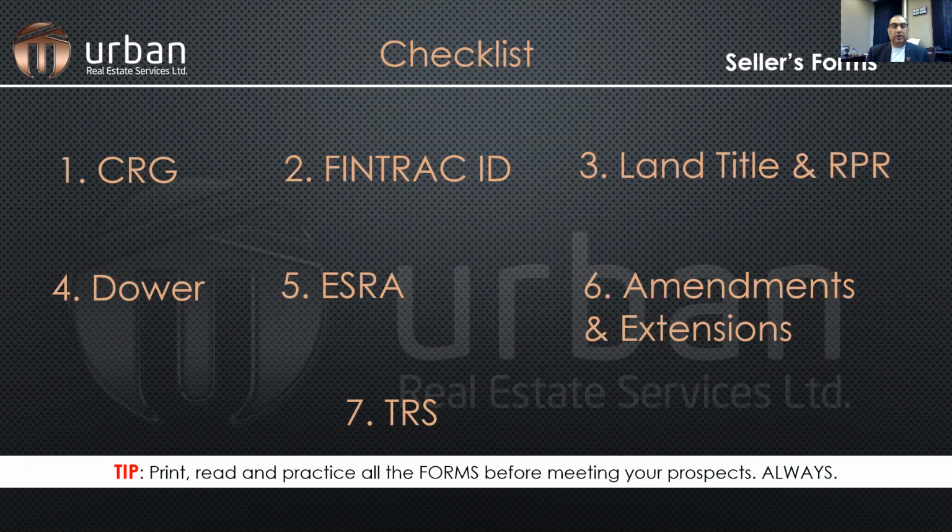And then in our part 2, we will be talking about the exclusive seller representation agreement, how to do any amendments, price changes, extensions, and all those kinds of things. And lastly, the trade record sheet.